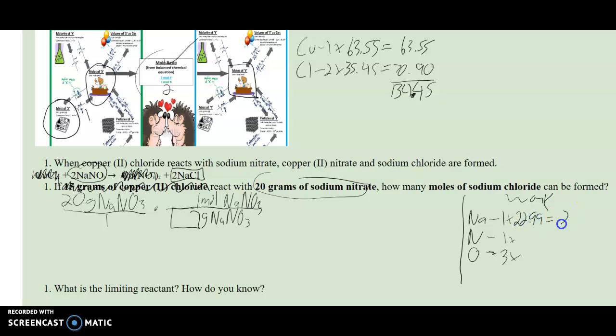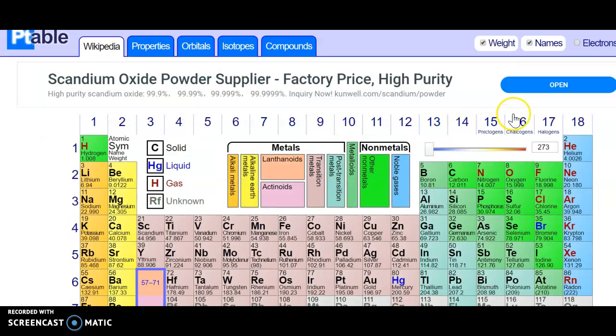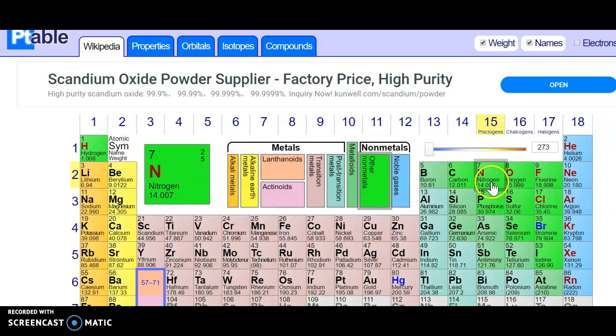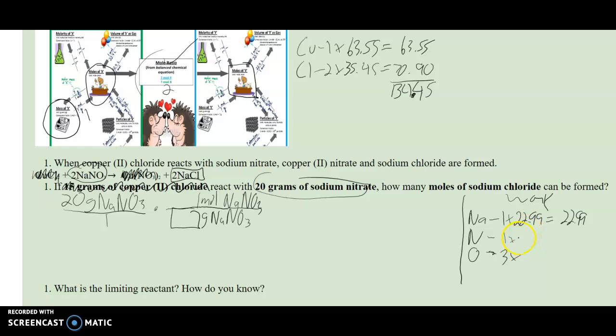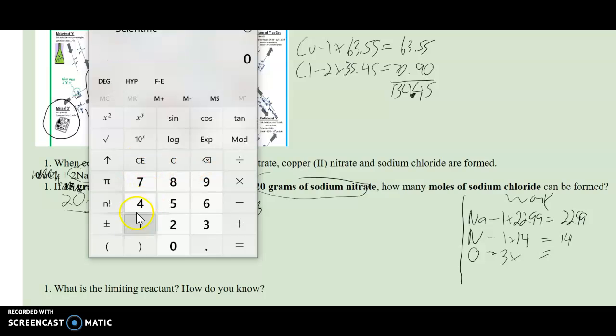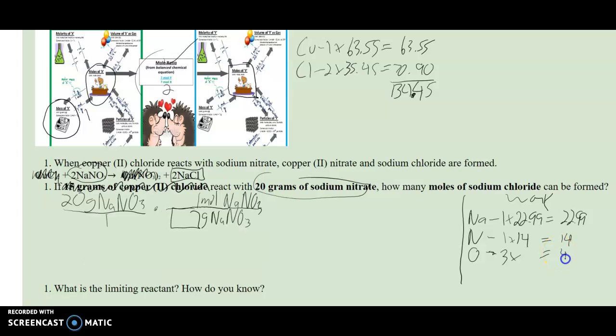22.99 equals 22.99. And let's see, nitrogen is number 7, so I'm going to guess it's around 14. I'm going to round this to 14, just to make my life a little bit easier. 14 equals 14. And then 16 times 3, you can probably do this in your head, but don't risk it. 16 times 3 is 48.